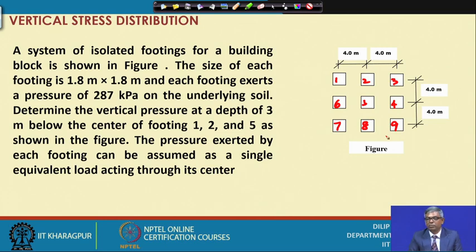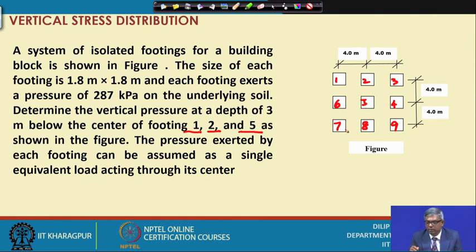So, these are the footings given. Because of this loading, all 9 footings are loaded. You have to find out the pressure below footings 1, 2 and 5. I will just show the application for below footing 5, and the rest of the things you can try yourself.